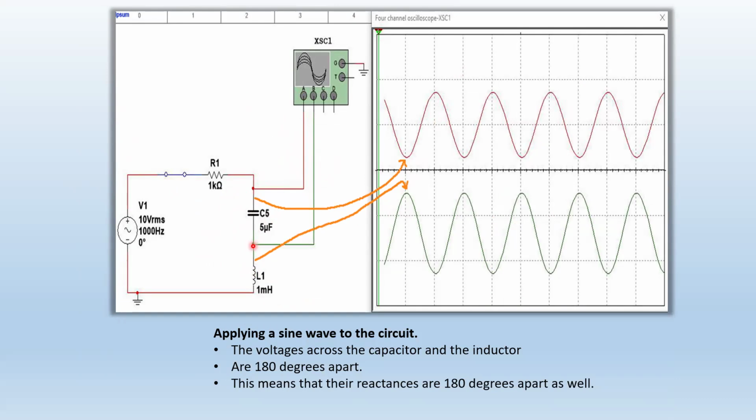Because they act in opposition to each other, the voltages are going to be in opposition to each other. Now, depending on the values of the capacitor and coil, this might be bigger, this might be smaller, or vice versa. But the phase is going to be 180 degrees out of phase. See, they're almost like a mirror image.